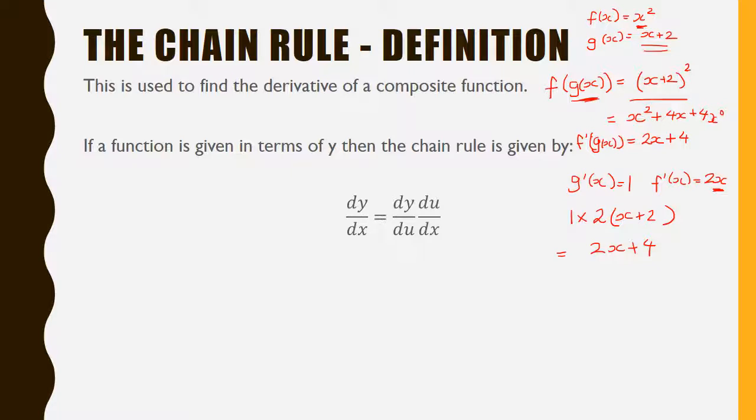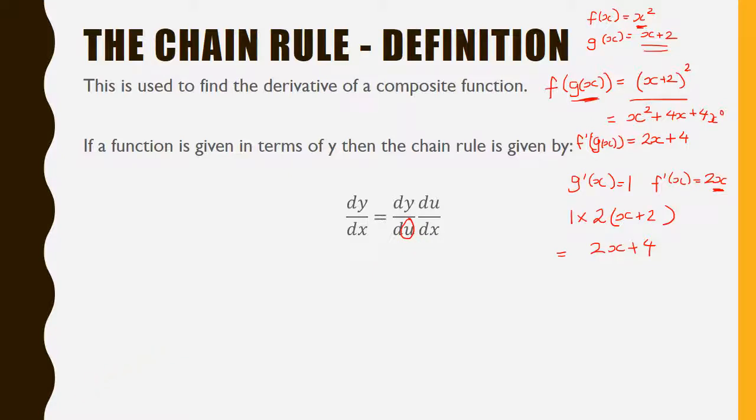We differentiate to find dy/dx, we determine a new variable u, and we differentiate y with respect to u, and we multiply that by differentiating the u function with respect to x. Okay? So we differentiate y with respect to u and then differentiate u with respect to x.